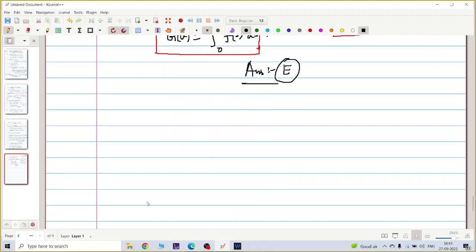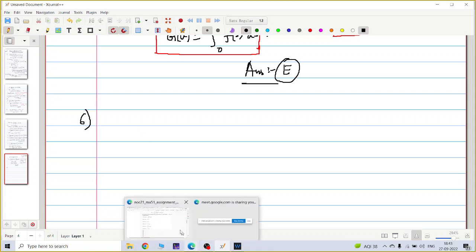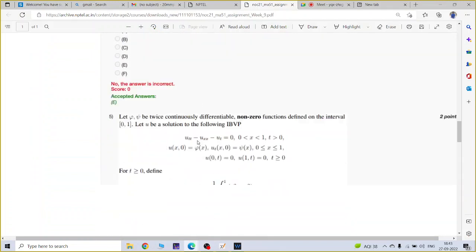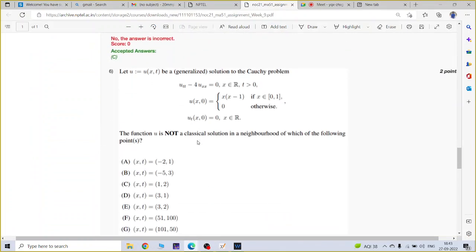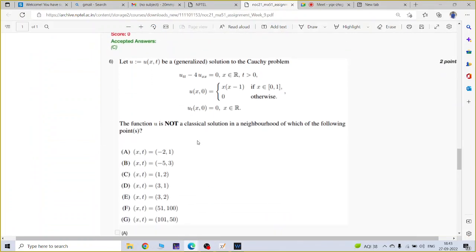So now I will move to the next question. Question number 6 is about the generalized solution of this Cauchy problem. The Cauchy problem is given as utt minus 4uxx is 0, and initially u(x,0) is x into x minus 1 for x belongs to 0 to 1, 0 otherwise.